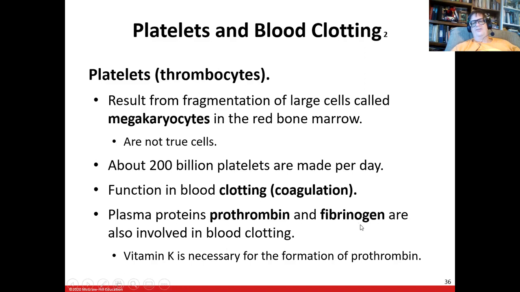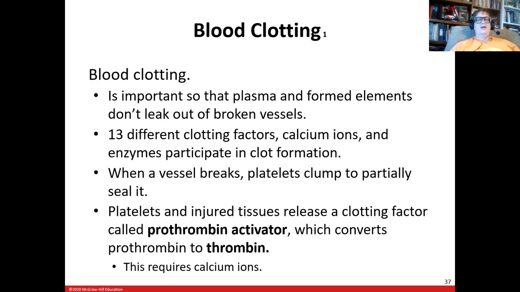So this is another early inactive form. Fibrinogen is the inactive form of what will become fibrin, the fibers in the clot. You also need vitamin K for these things to work. All right, so blood clotting is a big deal so that we don't have plasma and blood leaking out of broken blood vessels.